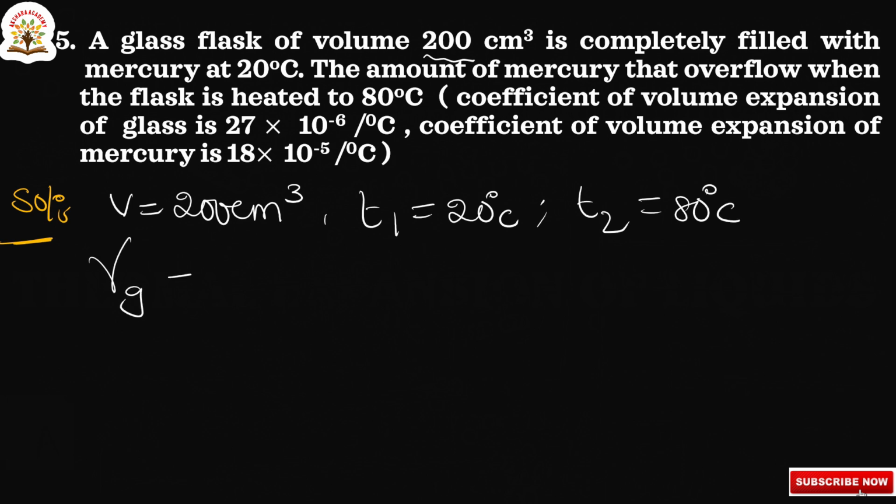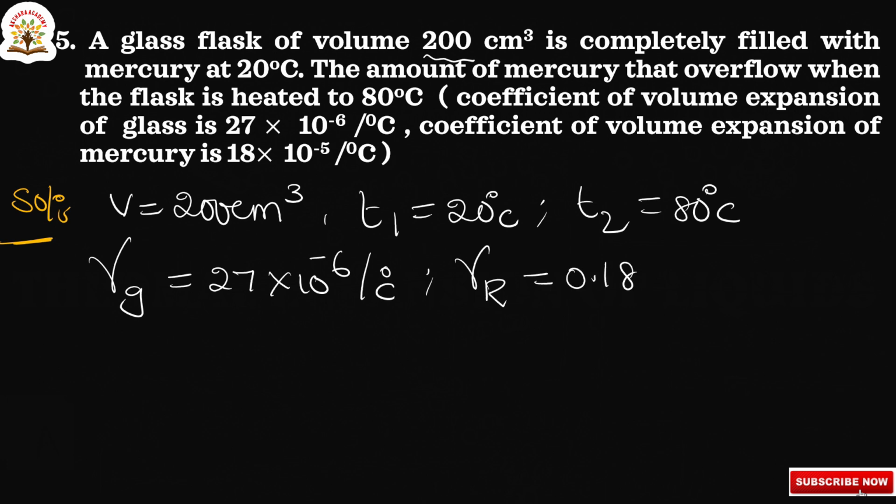Gamma G is 27 × 10⁻⁶ per °C, and gamma R, 18 × 10⁻⁵, can be written as 0.18 × 10⁻³ per °C.